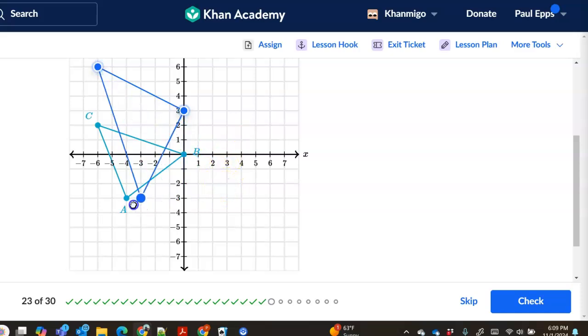I can make this A. Y plus 3, it's negative 3, so it's got to be on 0. That went from 2. Oh, hold on. That should go from 2 to 5. And that should go from 0 to 3. So we just moved the thing up 3. All right, that looks okay.